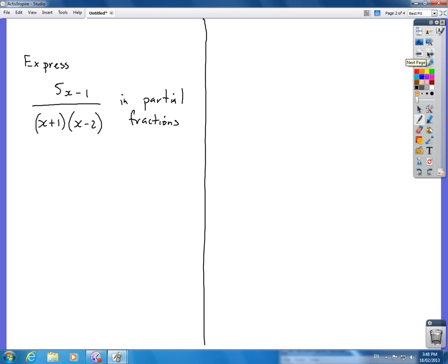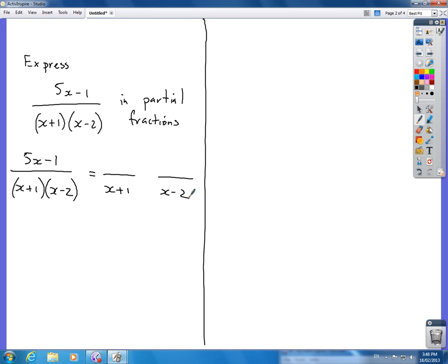The first thing we need to do is look at the denominator. We look at the two factors of the denominator: x + 1 and x - 2.